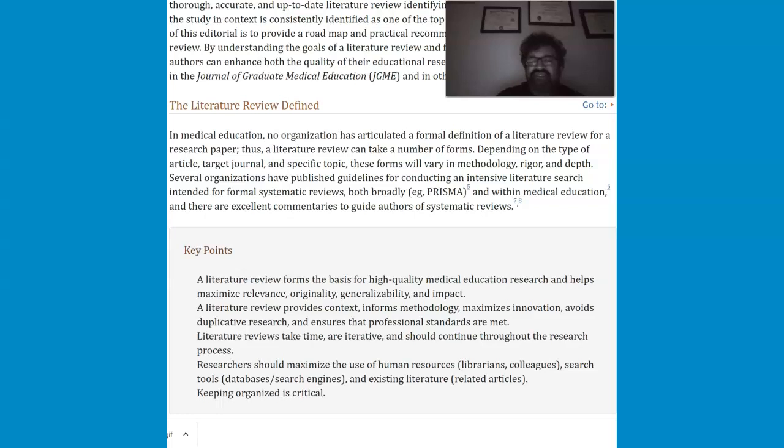But that's not the intention. You can have a research gap simply based on the fact that the study is being conducted in a different location.